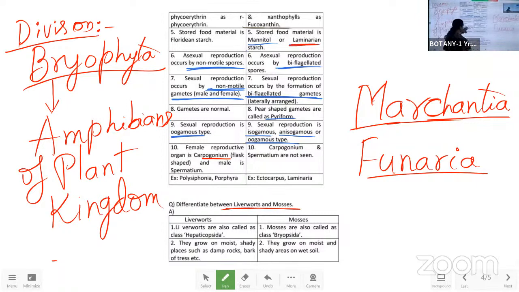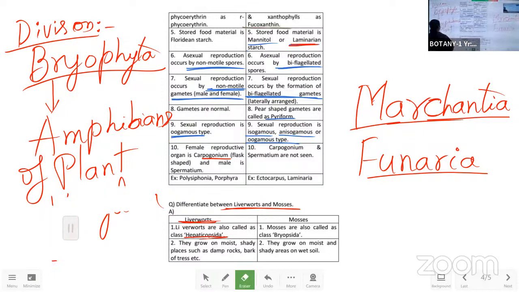So now we will go with the differences between the liverworts and the mosses. Liverworts is the common name for the class Hepaticopsida. The class name is Hepaticopsida.